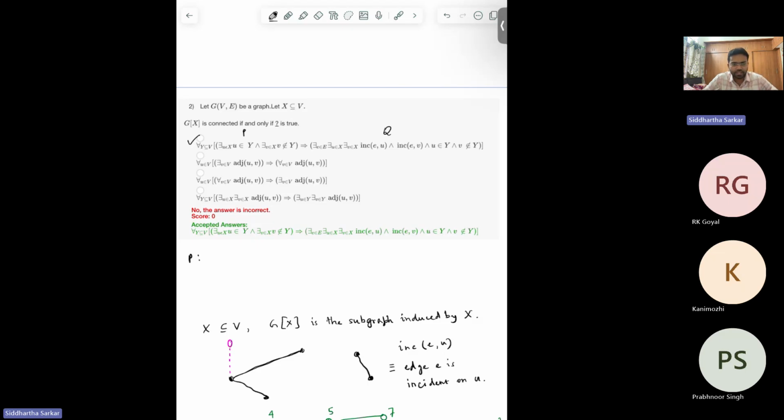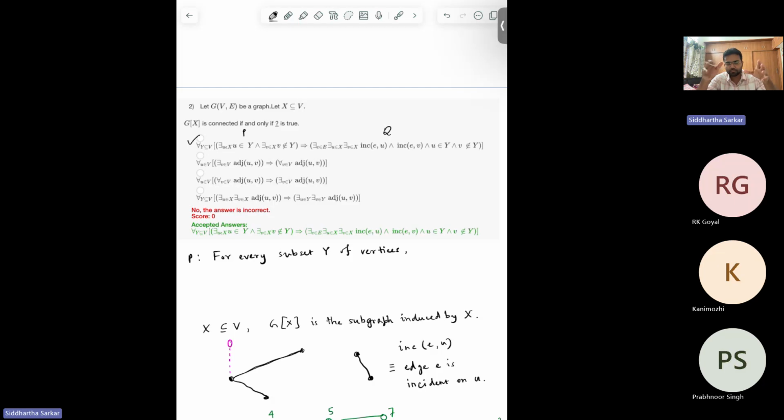It says that for every subset Y of vertices, X, which is given to you, is the set of vertices on which you are inducing the subgraph.